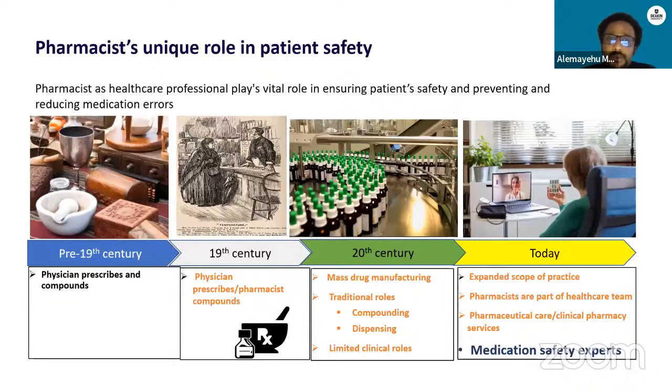So what's our unique role? We do have our unique role. Although all have a role in patient safety, we also have our unique role in patient safety. It is because we are medication safety experts, meaning that we have our own skill set, specifically on medicine selection and checking medicine safety.